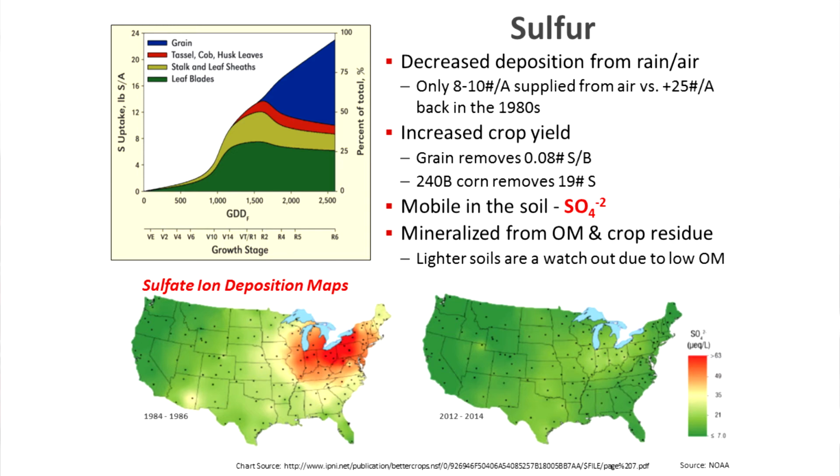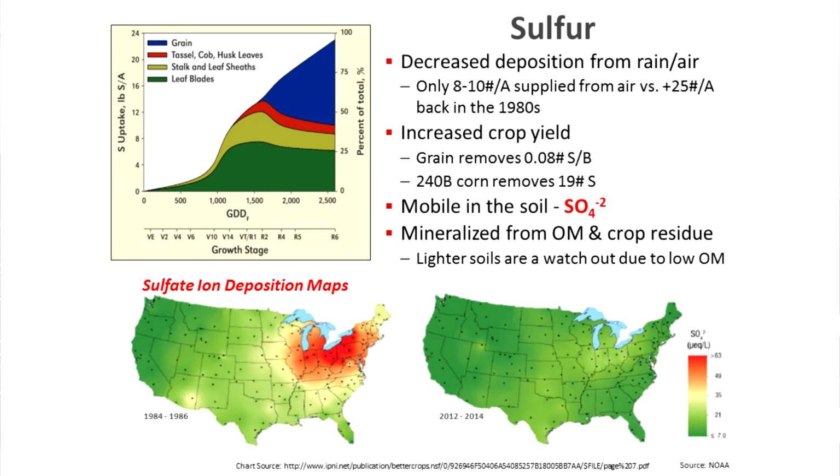So back in the mid-'80s, growing 150 bushel corn and getting 25 pounds through the air, we'd never even thought about using sulfur. The Clean Air Act came along, and this is what it looks like in 2012 and 2014. You're only going to get about 8 to 10 pounds out of the air now. And instead of raising 150 bushel corn, we're raising 240, 250 bushel corn. I mean, 200 bushels is a crop failure for some of y'all anymore.